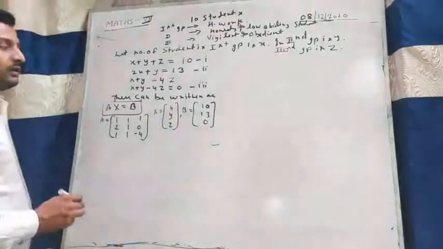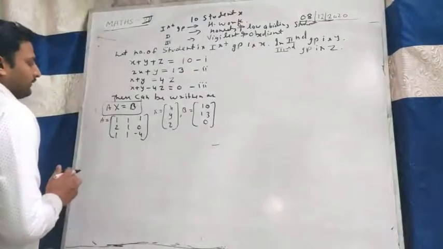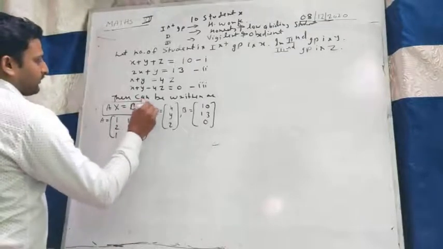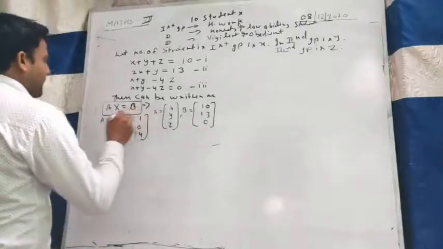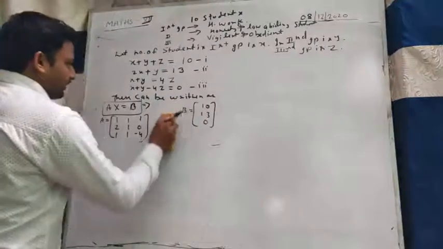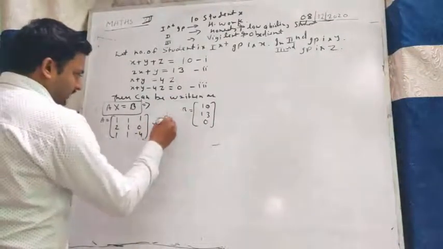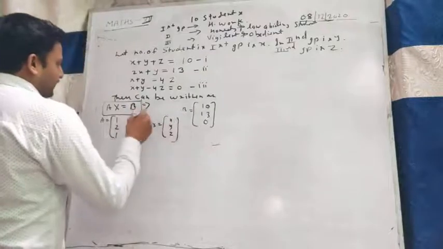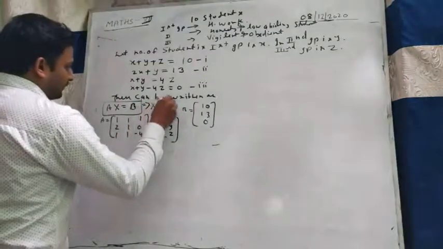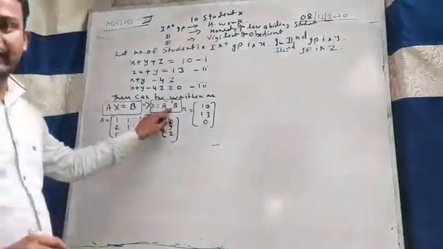Okay. Now students, this can be written as X equal to A inverse B. Now our target is to find A inverse.